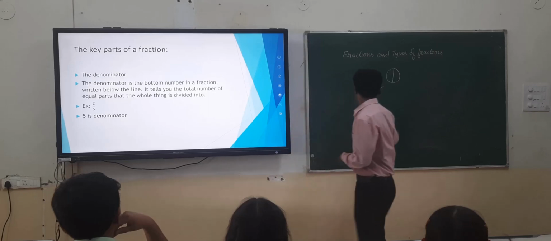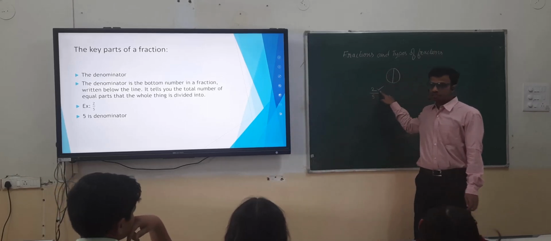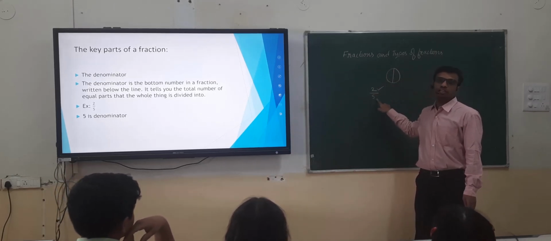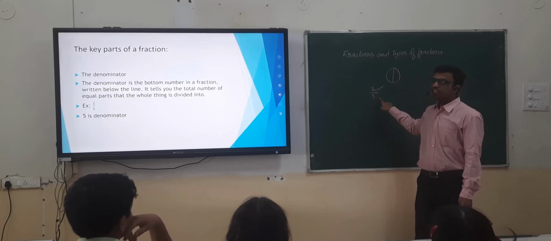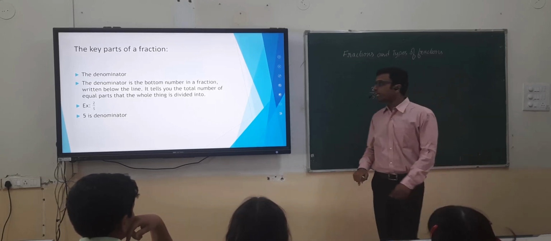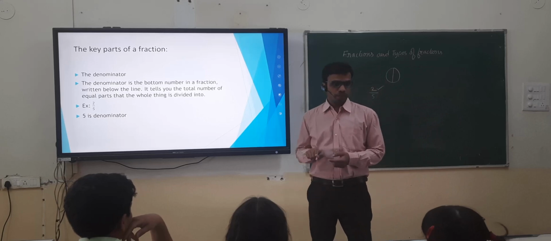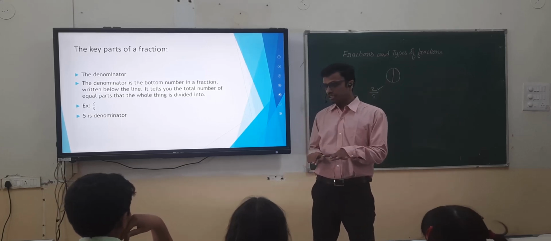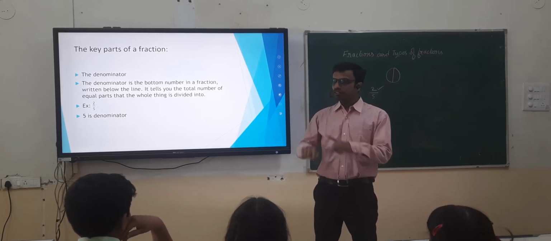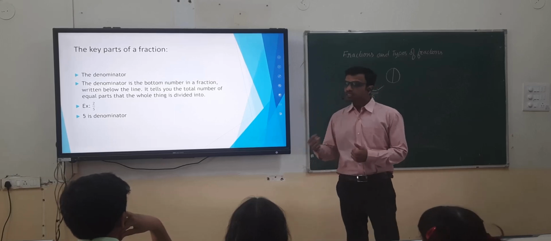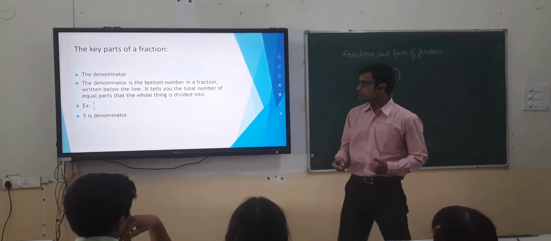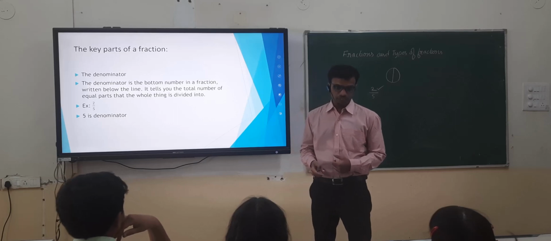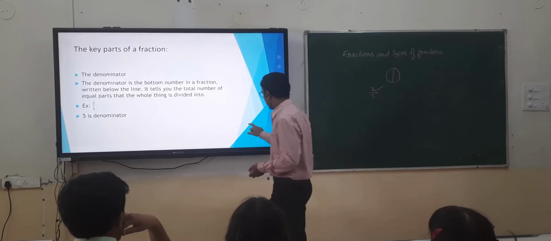We understood 2 means numerator, 5 means denominator. The meaning of the denominator is that we have to divide the whole into 5 equal parts. Whenever you take a whole, how many parts we have to divide it into is represented by the denominator.